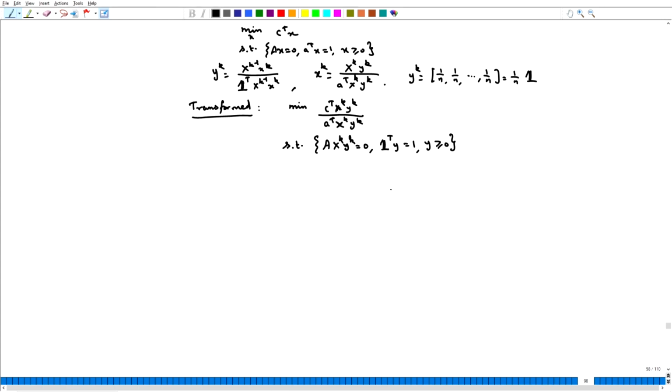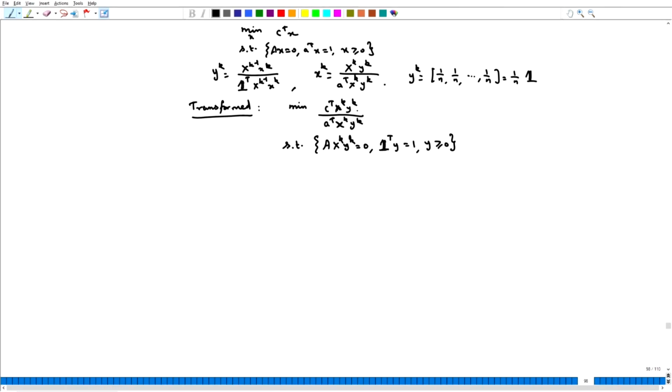So, the transformed problem, though it appears very similar, has a very big problem that maybe some of you might have figured out. The problem is no more a linear programming problem. Why is that? If you see the objective function, you have y in the denominator also.